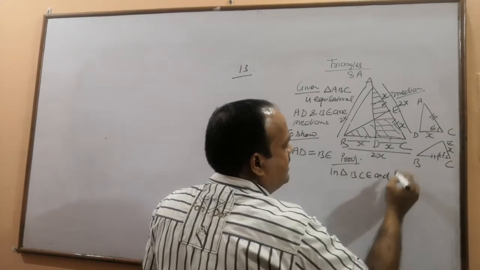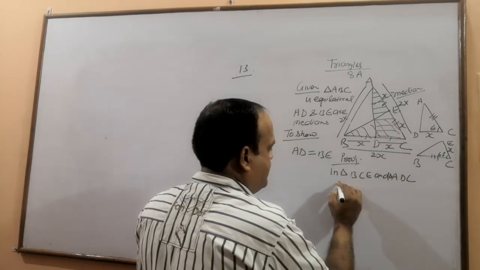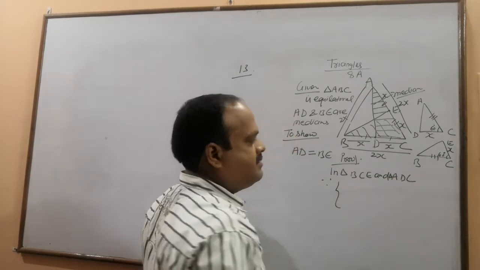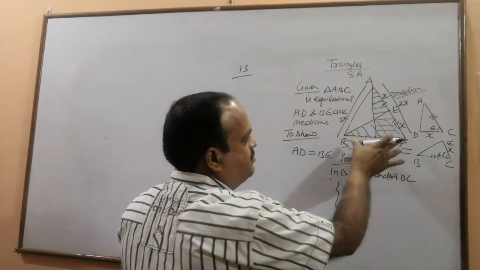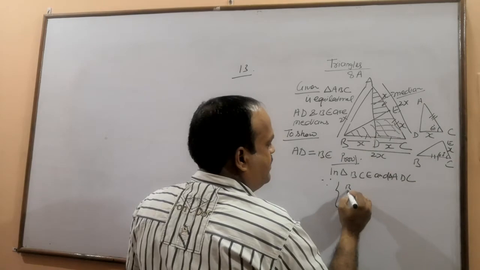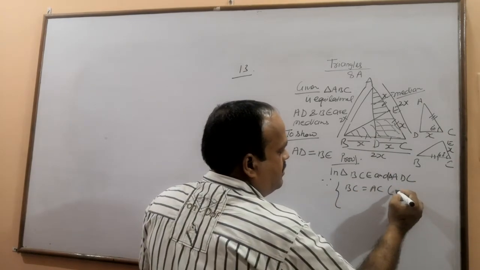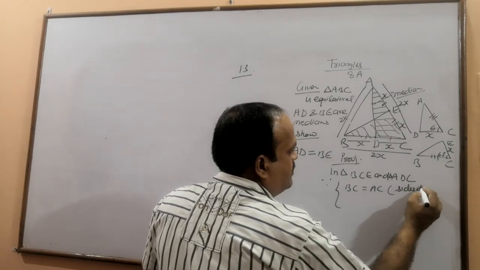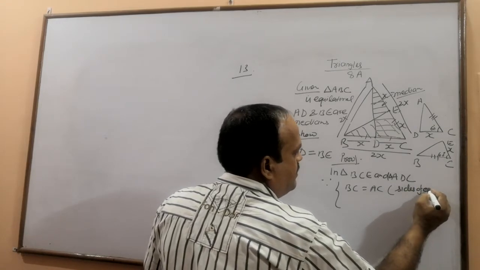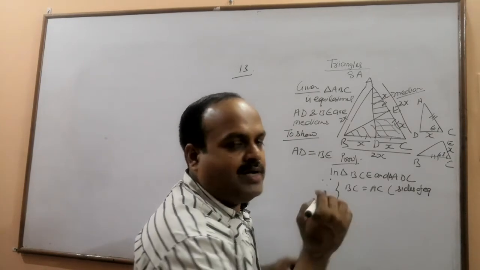Triangle BCE and triangle ADC, since BC equals to AC. Sides of equilateral triangle. I have written in short EQ for equilateral.